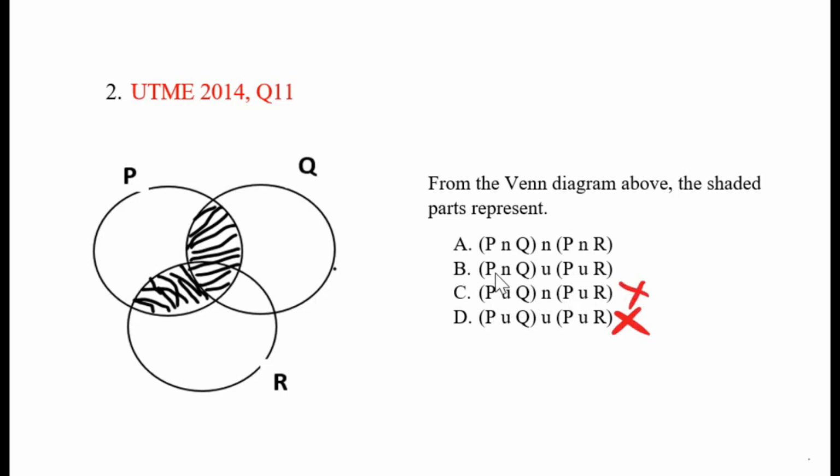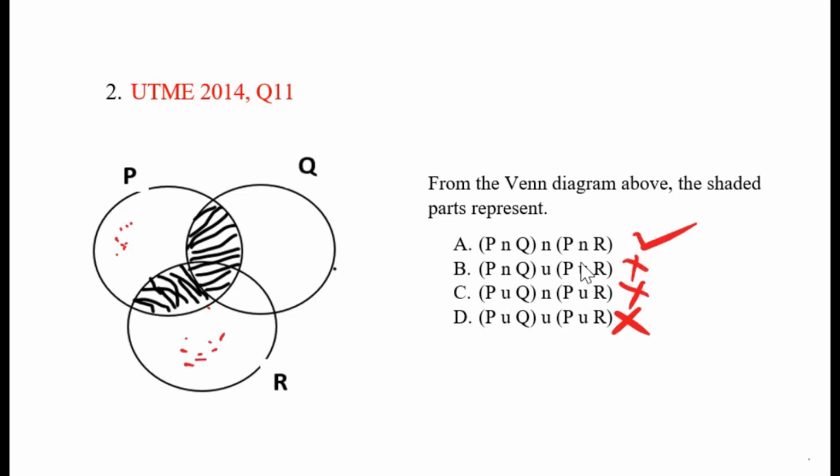So we are left with option A and B. But for option B, it has P union R, which should have been this area, which it could have covered this area too, and this area. So for that, this is not the answer too. So here is the answer.